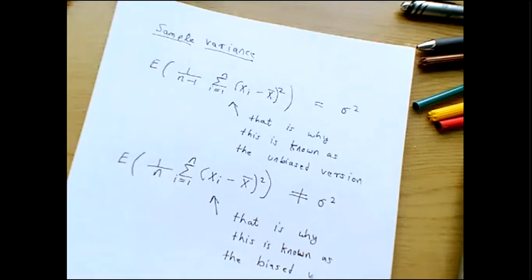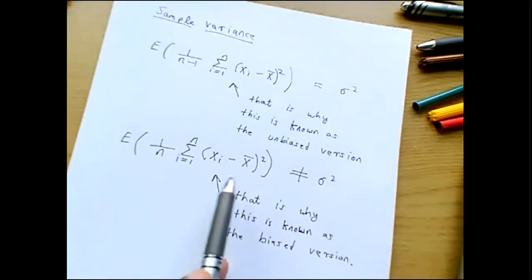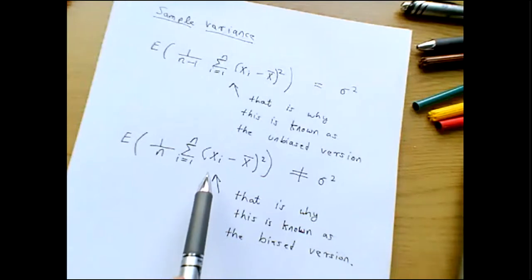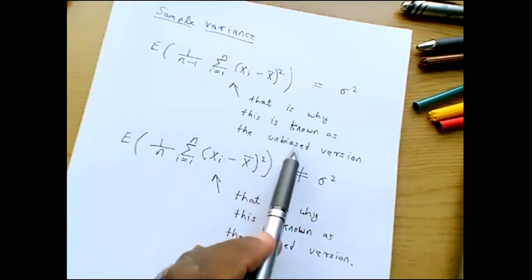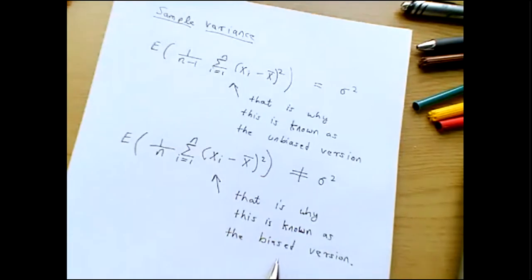It's exactly because of this that this is known as the biased version of the sample variance. Bias here means flawed. So this is the unbiased version, which is good. Biased means not good, right?